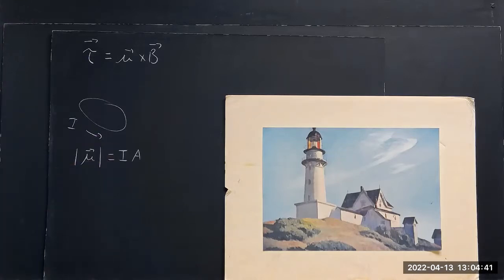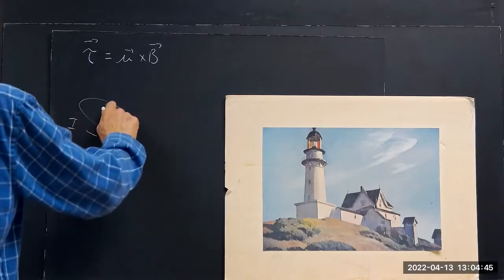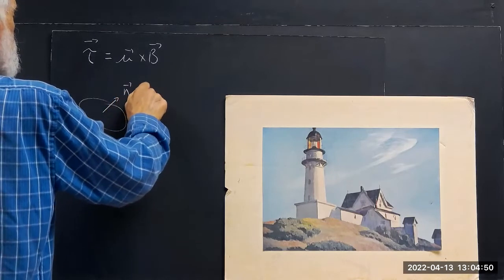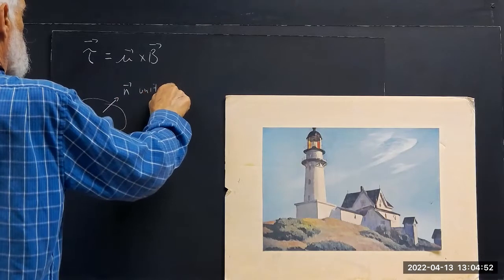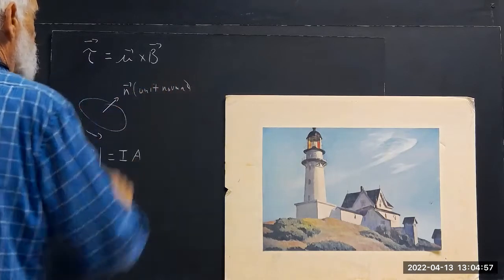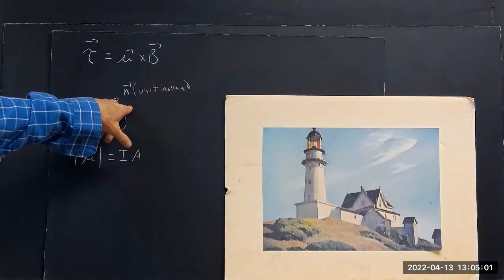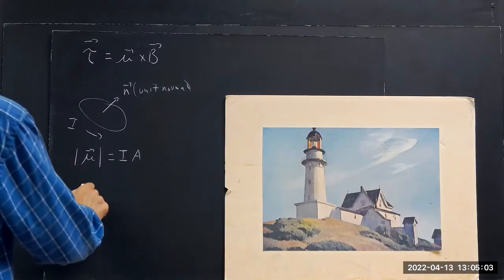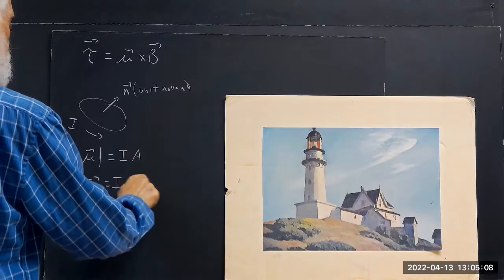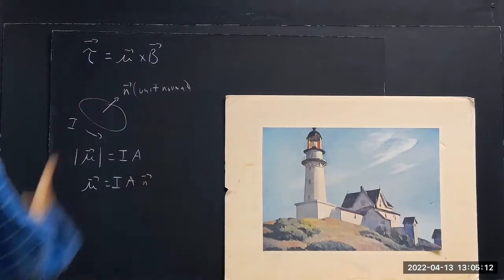Pretty much it. Except you have to know the direction, and the direction, by the right-hand rule, is your unit normal. And by the right-hand rule, that's the direction of your unit normal.